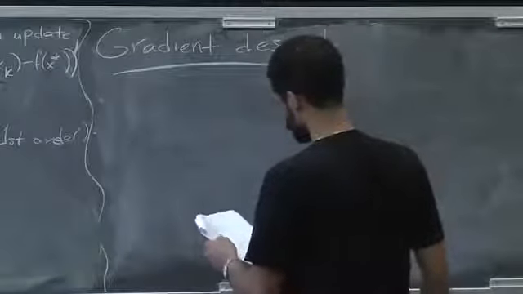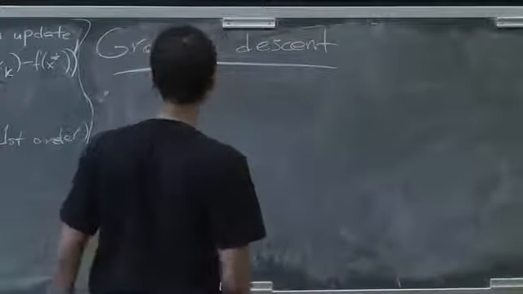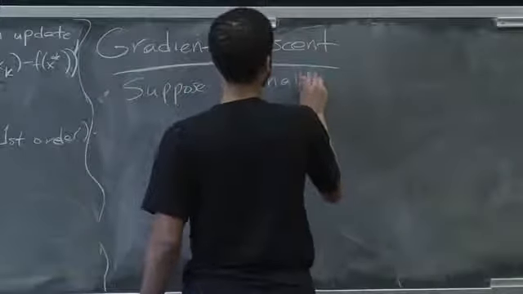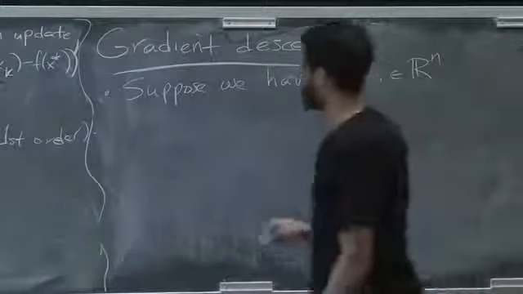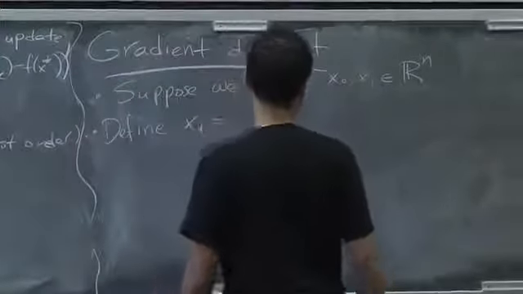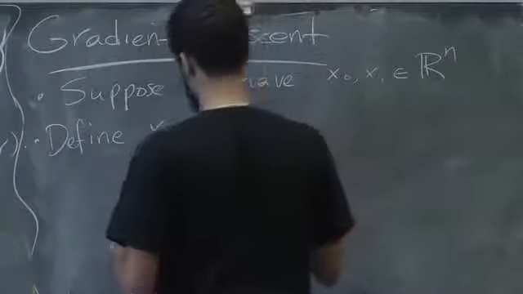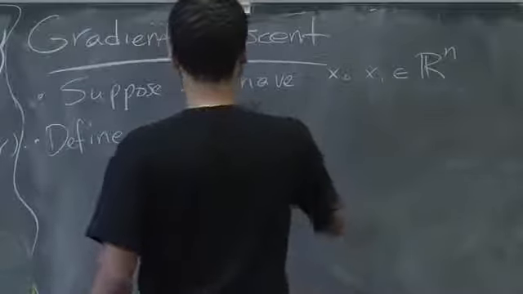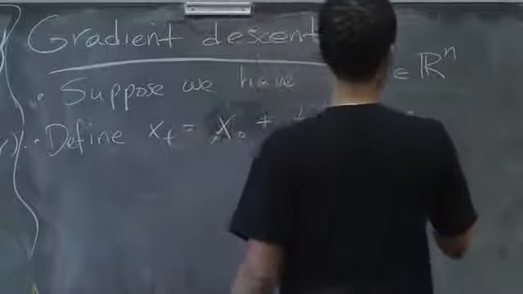Before I tell you what the update rule actually is, suppose we have some x0 and x1 that are two points in Rn, and define xt to be equal to x0 plus t times x1 minus x0.